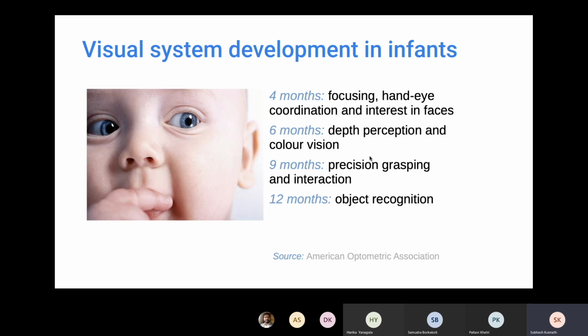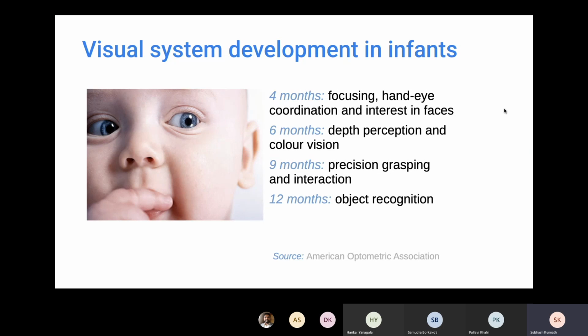Around 4 months, they can focus on different objects and perform some hand-eye coordination tasks, and they'll be able to fixate their focus on faces.